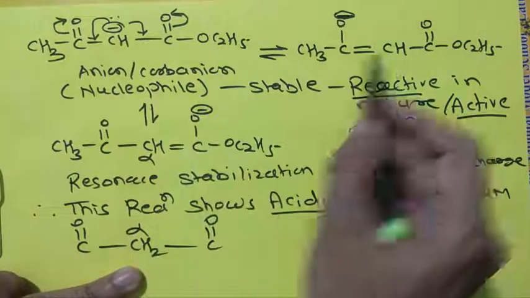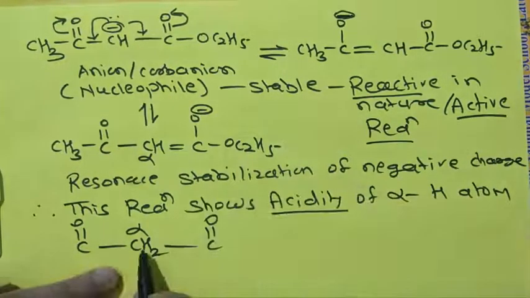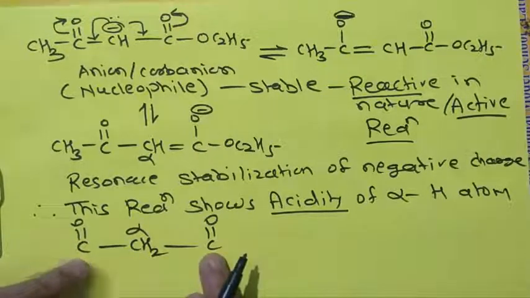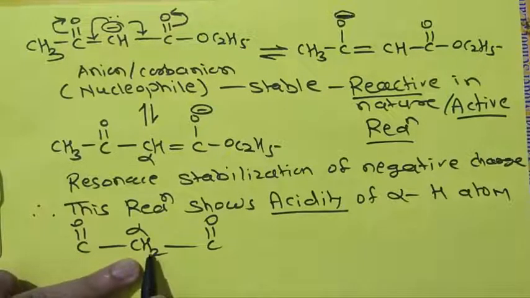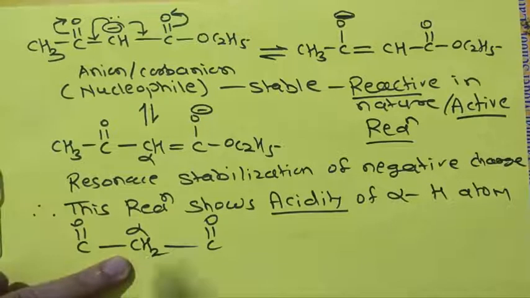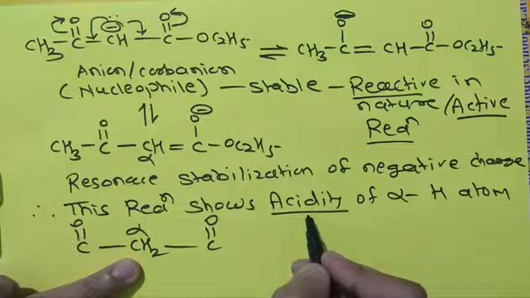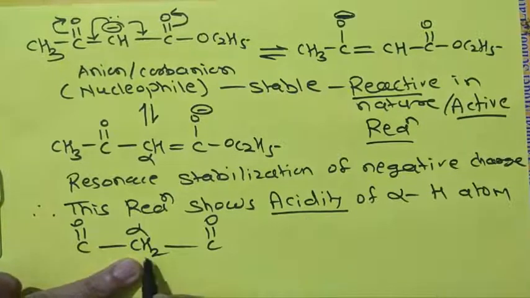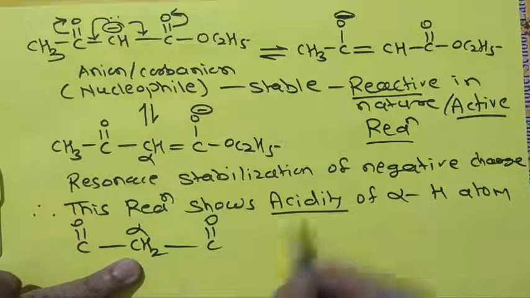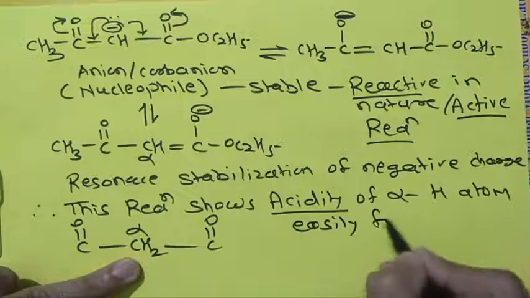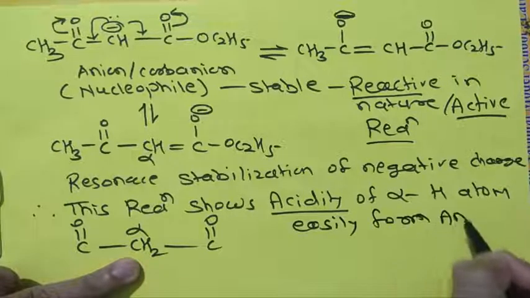The hydrogens present on this CH2 carbon atom, between the two carbonyl groups, are very acidic in nature. That's why these hydrogen atoms can be abstracted by a base very easily to form anions.